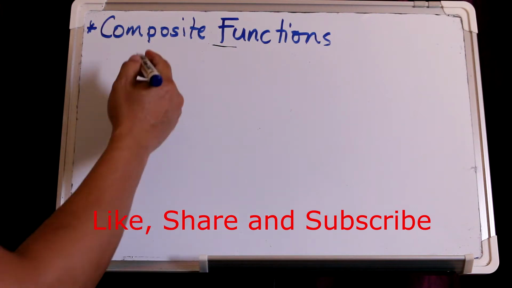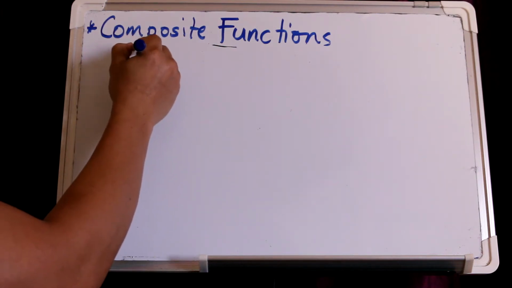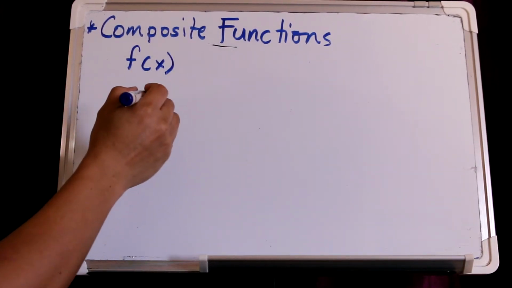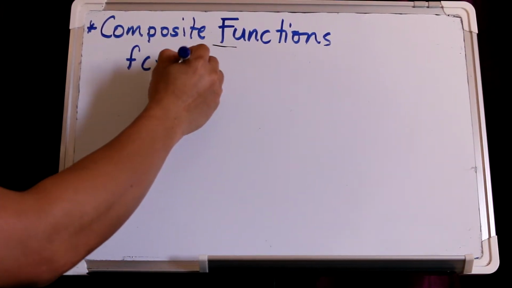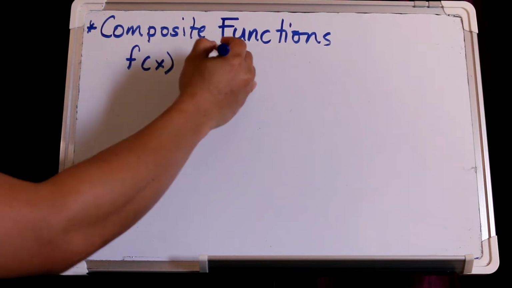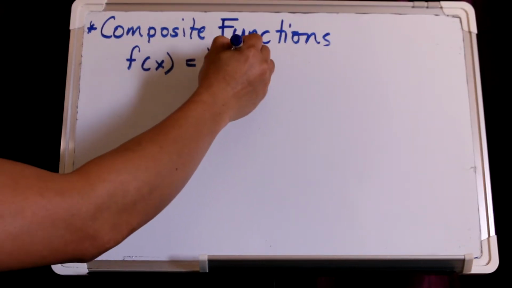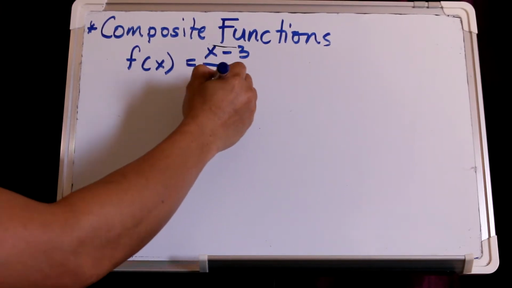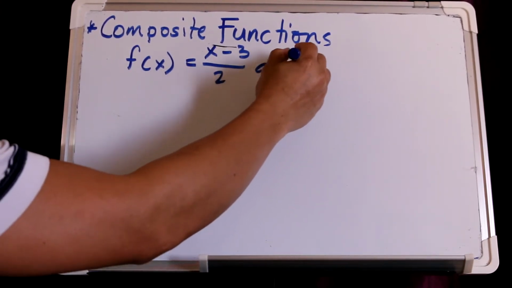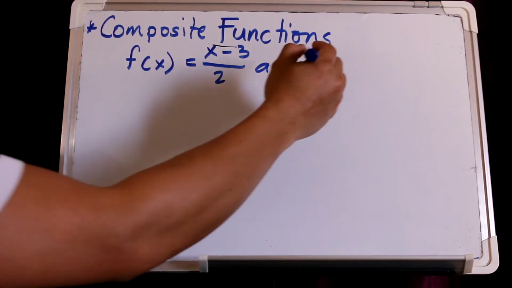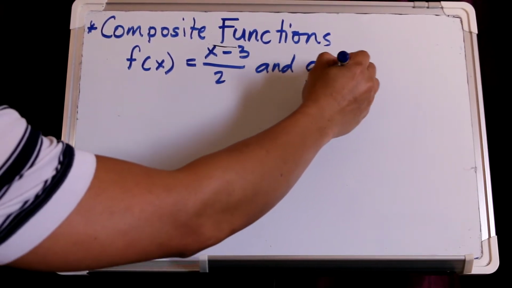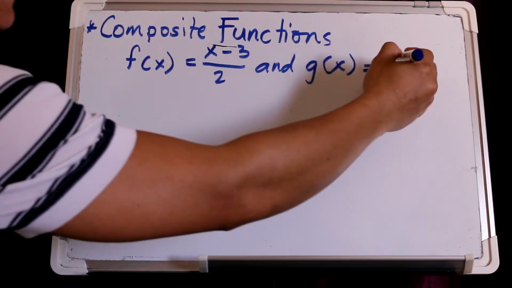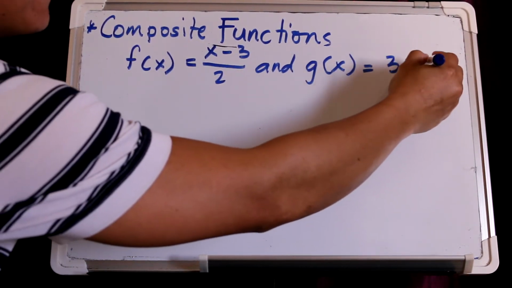So for example, you are given f(x) equals (x minus 3) divided by 2 and g(x) equals 3x plus 1.